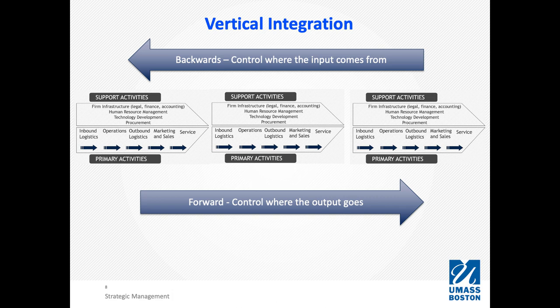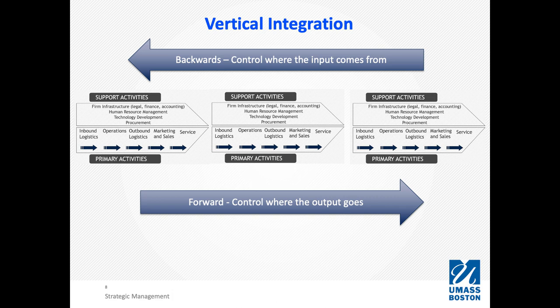They're controlling where their inputs, so where the meat, potatoes, bread, the grain for bread is coming from, that would be backwards integration. Okay? Forward integration is when you control where the output goes. That would be the equivalent of Microsoft buying Best Buy.